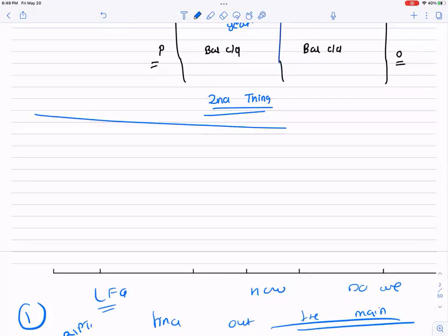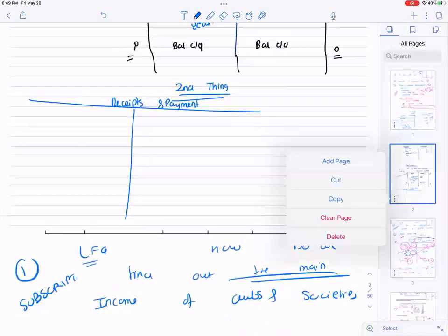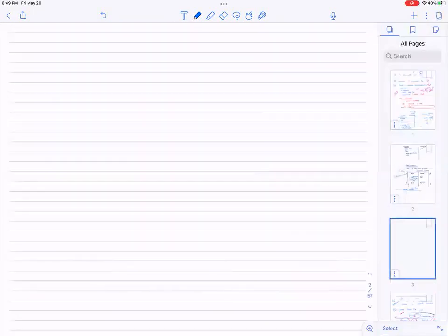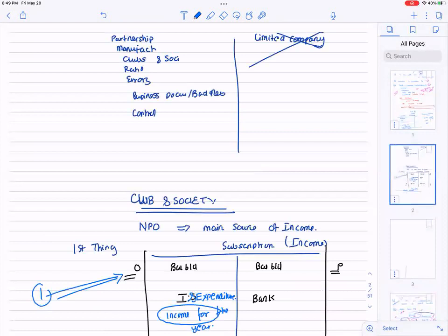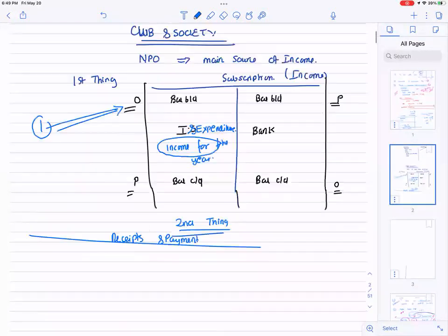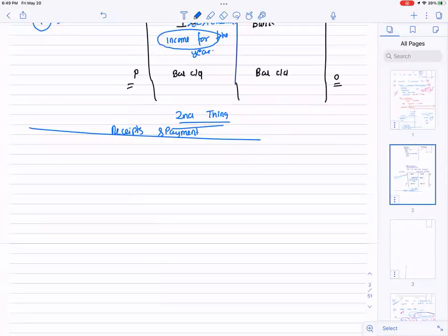Which account you will see? Receipts and payments account. Do you know the rule for receipts and payment account? No, just 1 minute. So the second thing that you will see is the receipts and payment account.